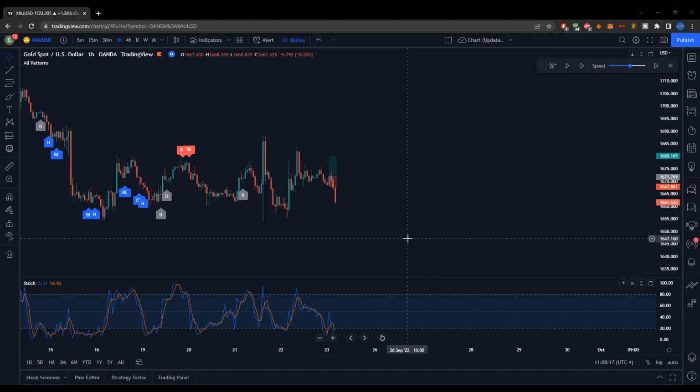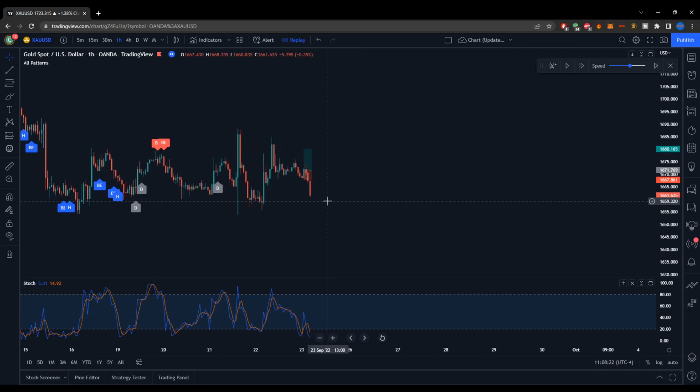Alright, so let's backtest this strategy for a bit. I'm on replay mode, so I'll be fast forwarding until we see a setup or a false signal, and I could highlight it to you.